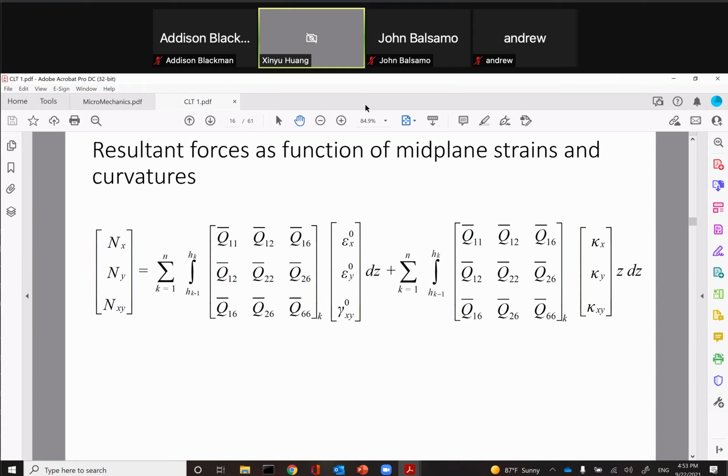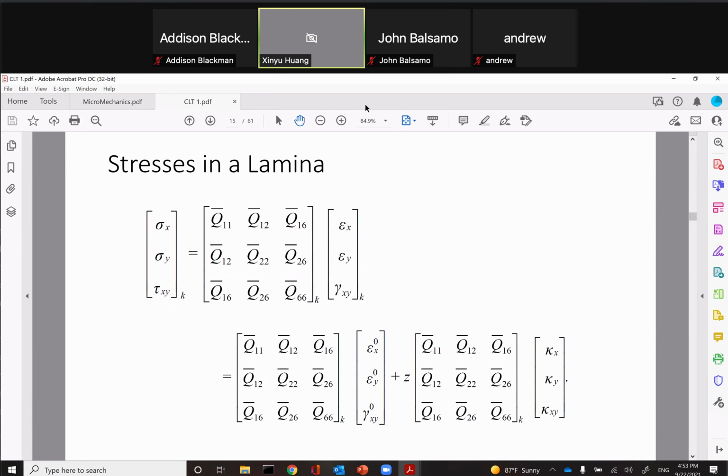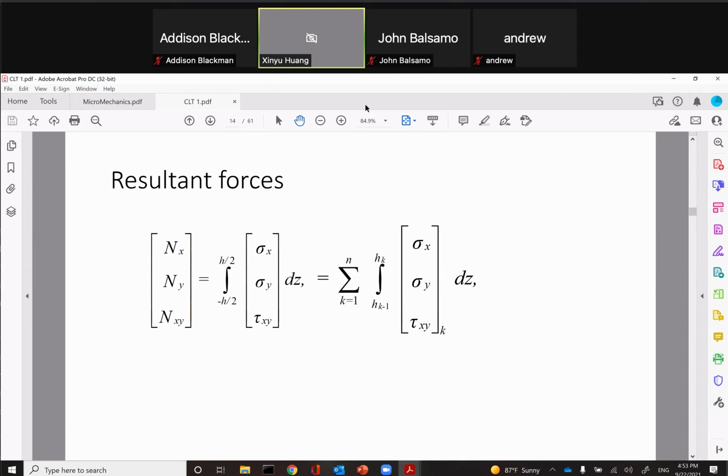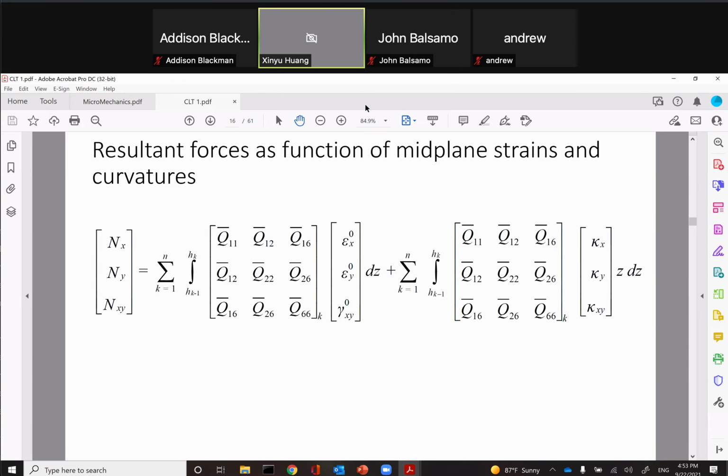All right, now we can stick this sigma term in this form into this equation here. And that becomes this. It's kind of messy, but if you look back and forth a few times, you get it. So basically it's a mid-plane strain multiplied by a matrix.